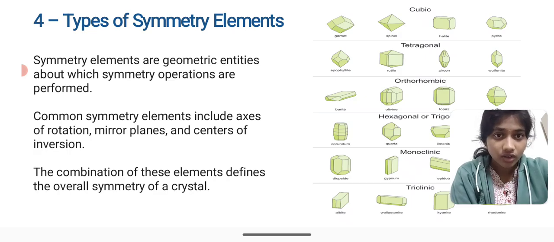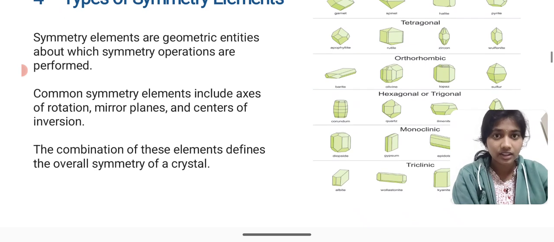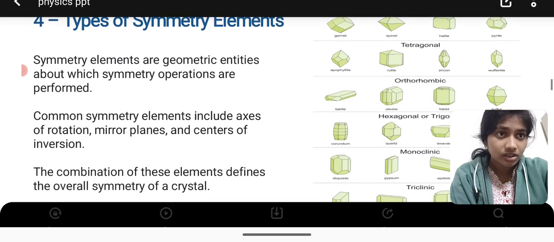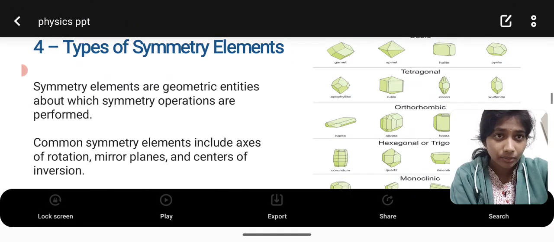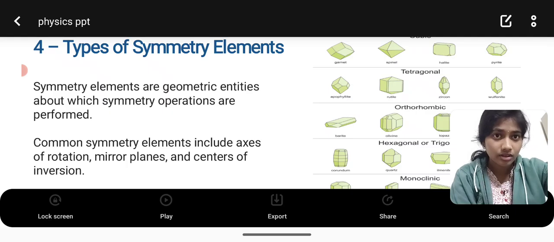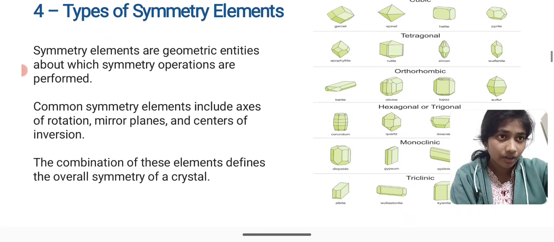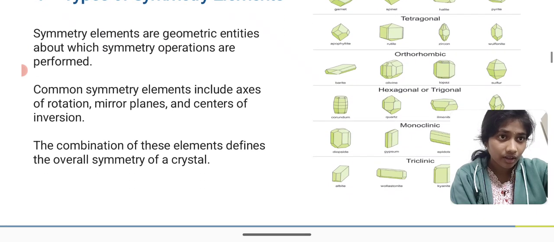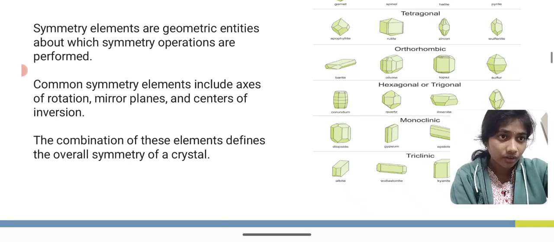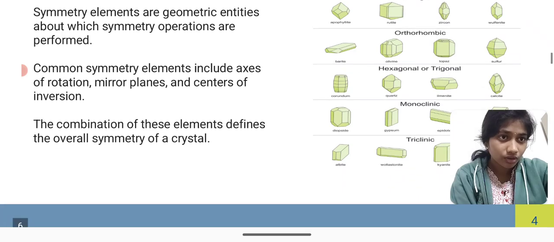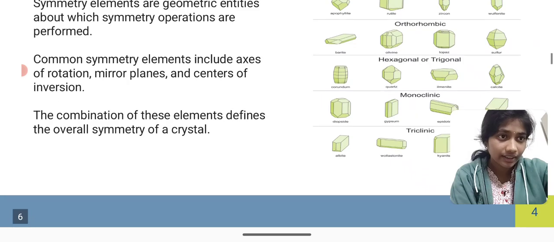The combination of these elements defines the overall symmetry of a crystal. This is the relevant picture for types of symmetry elements: cubic, trigonal, orthorhombic, hexagonal, tetragonal, monoclinic, triclinic.